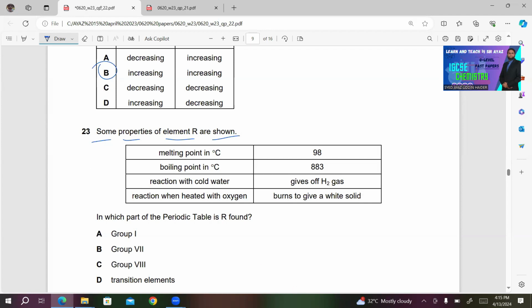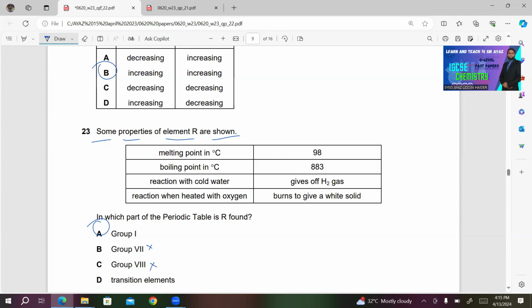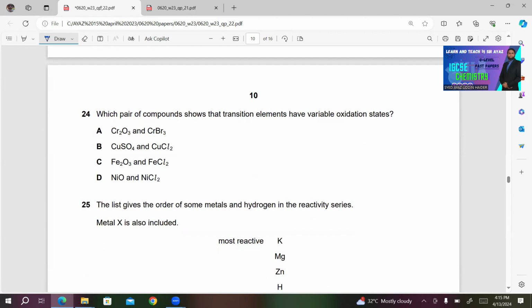It must be in group 1. These are the typical properties of group 1. So A must be the right answer. Other choices are incorrect. Group 7, so non-metal. Group 8 does not react. Transition metals or transition elements, they don't have low melting point, they are not reactive and their compounds are mostly colored.